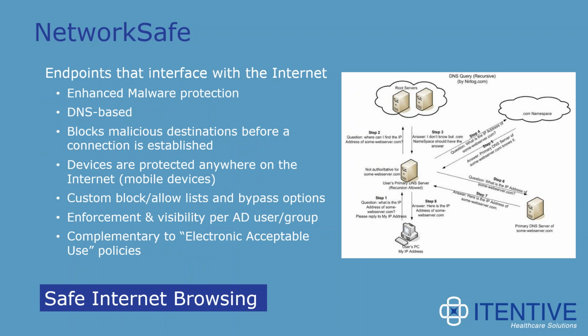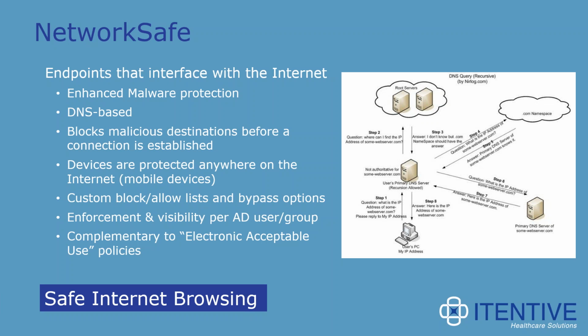So NetworkSafe offers endpoints that interface with the internet. So this is where, we talked about that inside, now we've talked about the outside. So this has enhanced malware protection. It's DNS-based. It blocks malicious destinations before a connection is established. So basically, if they come in and they've detected something, and let's say you do make that mistake, it won't let it get too far. Devices are protected anywhere on the internet, so this includes your mobile devices.